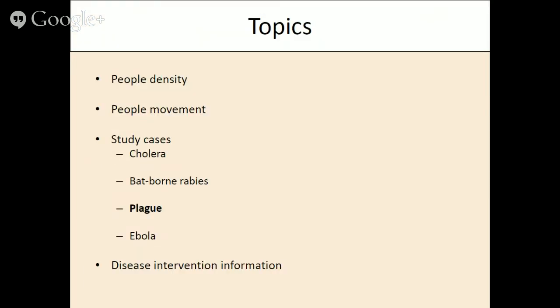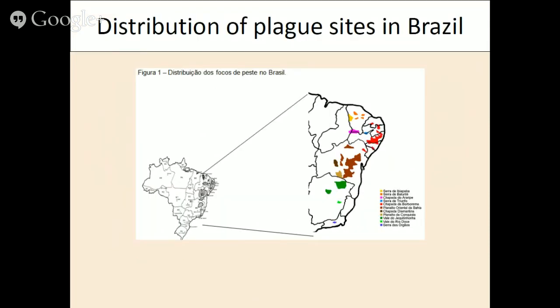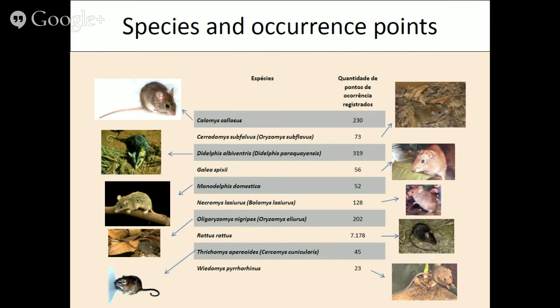So the next example is about plague, and plague is known to be related to poor people. So we use socioeconomic data to model plague in Pernambuco, in Brazil. And these are the areas from which plague has been reported in Brazil, and these are the hosts that are related to plague in the system.